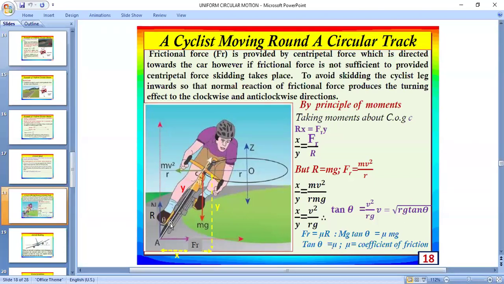So the tangent of this angle here gives us the coefficient of friction of this surface. So this is just additional information, but we have seen the critical speed over here. If this person exceeds this speed, then he's going to skid or get out of the road.